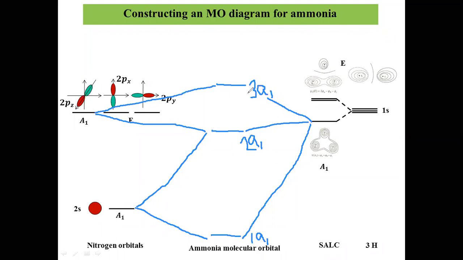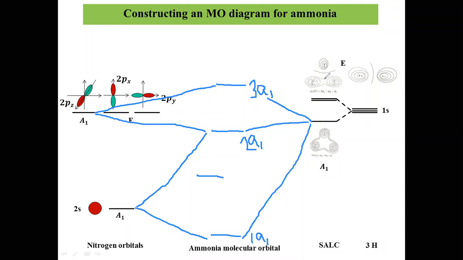Now I have doubly degenerate E here and E here. If I combine them, PX, look here, PX is going to combine with this, which looks like PX. When I have the plus combination, I'm going to have this energy somewhere here. So that is 1.